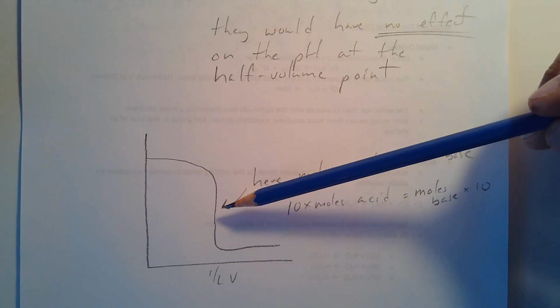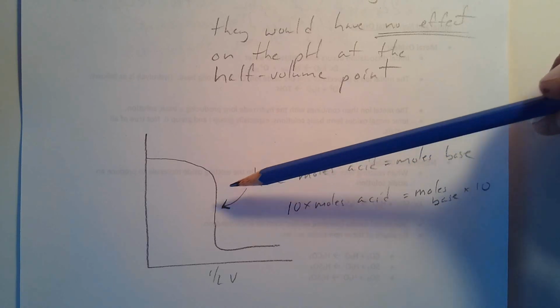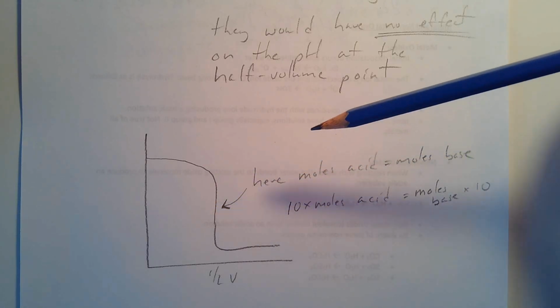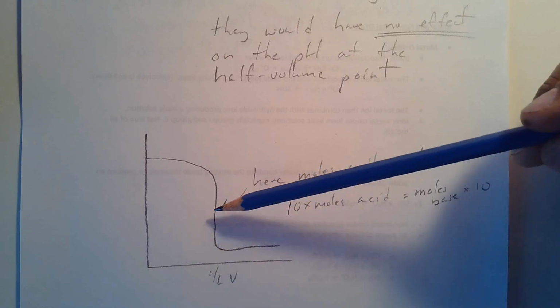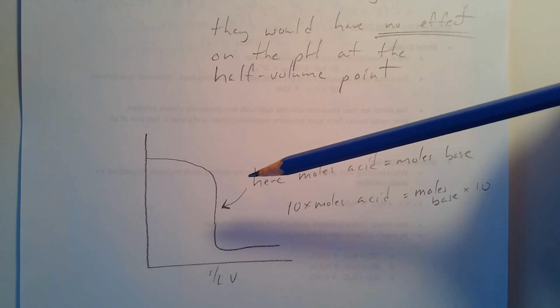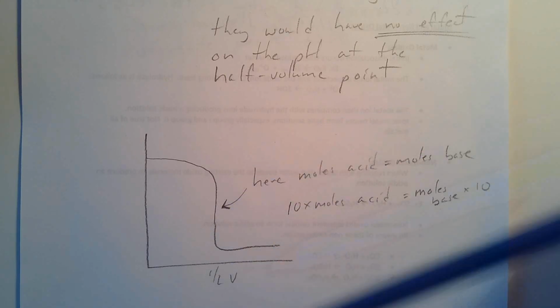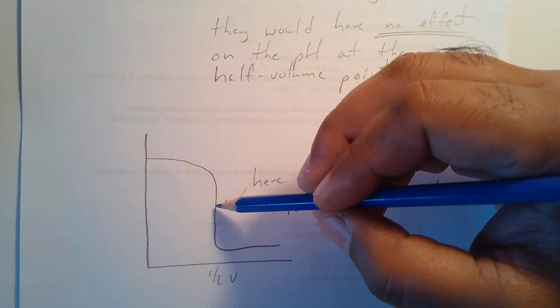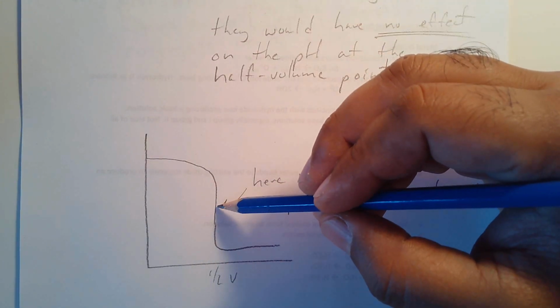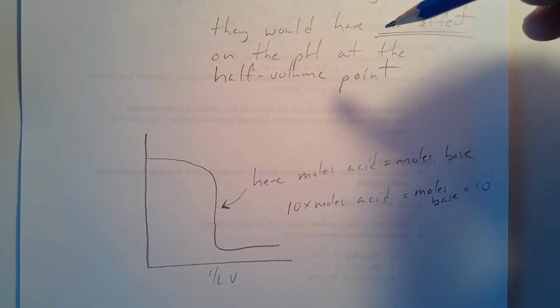Remember, at the end point we have a neutralization to some effect. It could be a pure neutralization, which occurs at pH 7, or it can be either acidic or basic. In this case, your endpoint pH right over here would be less than 7, because we're using a strong acid, HCl.